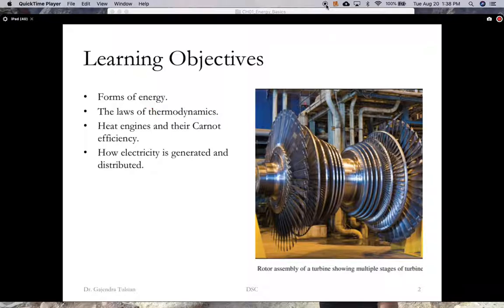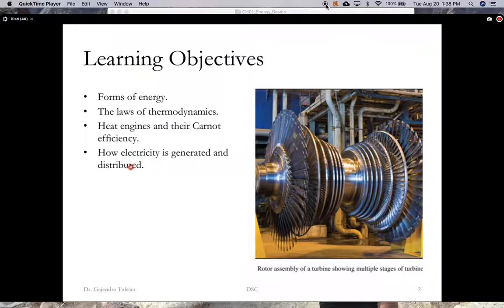We'll look at some of the laws of thermodynamics which affect how we get our energy. We'll talk about heat engines, which comes under thermodynamics, and we'll talk about the Carnot engine, which is an ideal heat engine, and we'll see how electricity is currently generated.